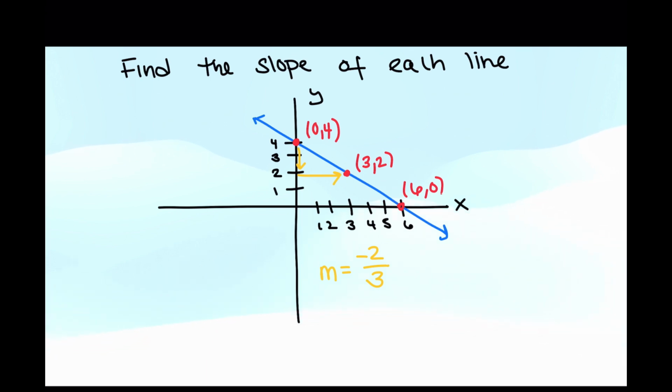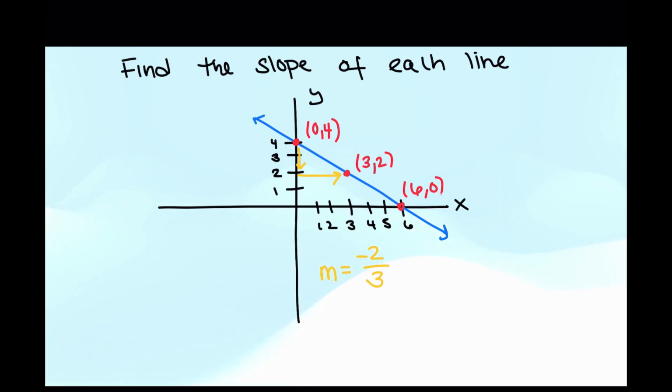Okay, so if we want to think about this in terms of rise over run, to move from the point 0, 4 to 3, 2, we have to go down 2 units and to the right 3. So my rise would be -2, because that was down 2, and my run would be +3, to the right 3.